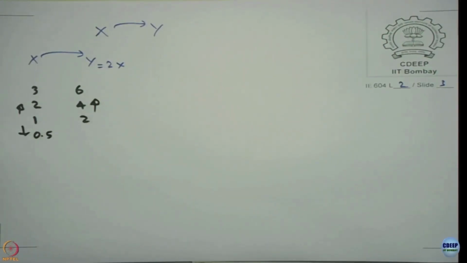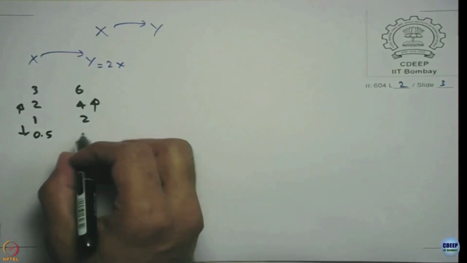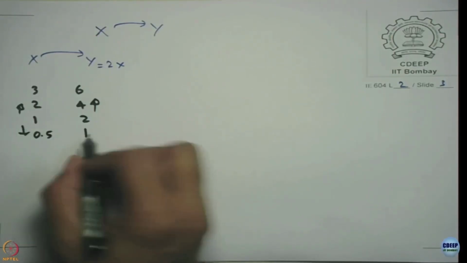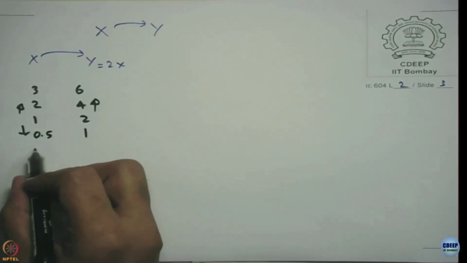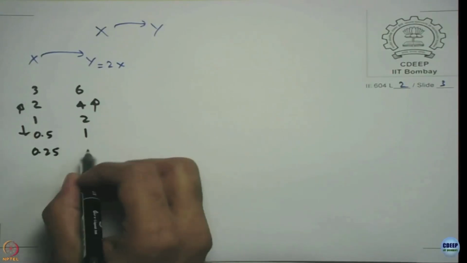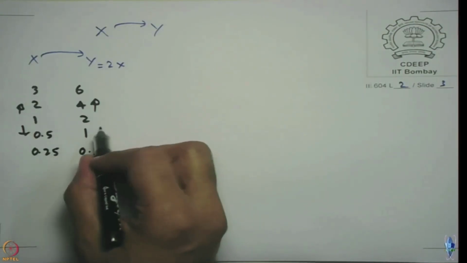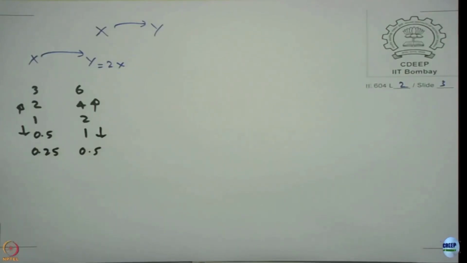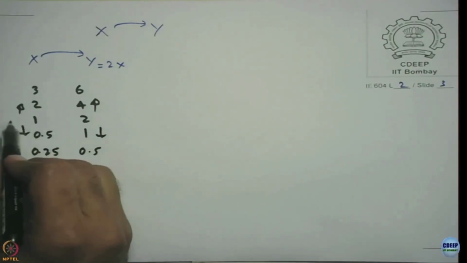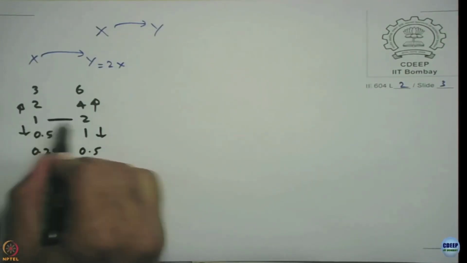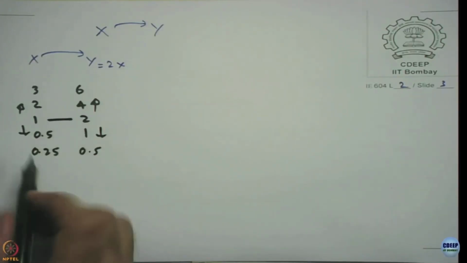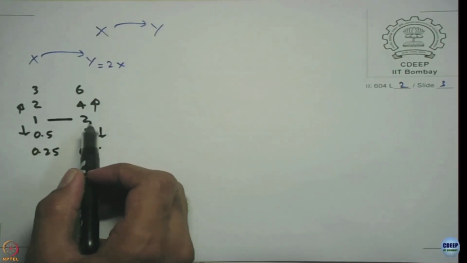But as x comes down, say from 1 it comes to 0.5, y is going to come to 1. As x comes to 0.25, y comes to 0.5, etc. Still that is a decrease. So, if we take this as a reference point, initially we started with x as 1 and y taking the value of 2.